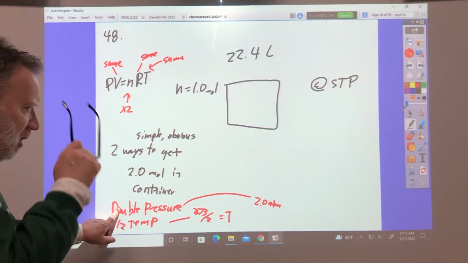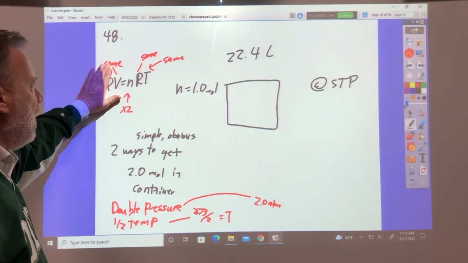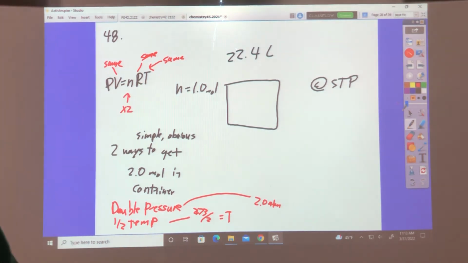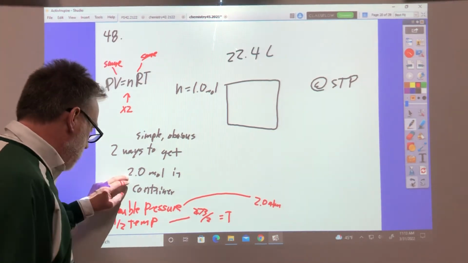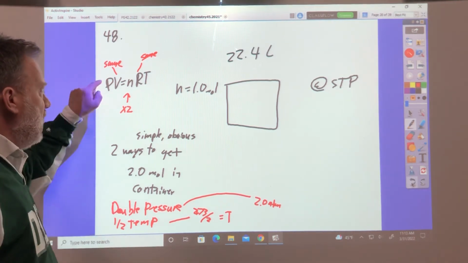So we're going to double the pressure, or we can cut the temperature in half. That's the other way to do it. We could cut the temperature in half on the Kelvin scale, and that would keep the pressure the same.